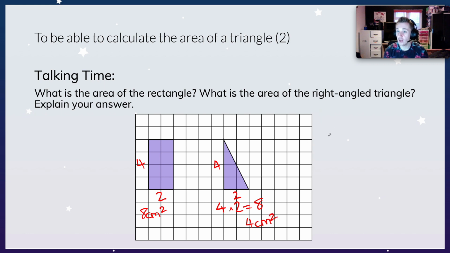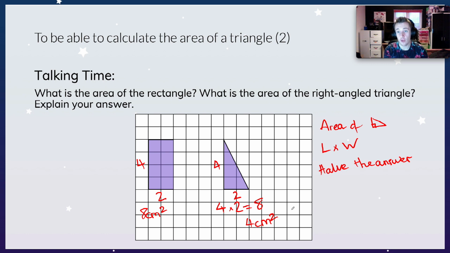So, to find the area of a right angle triangle, we do length times width, and then we halve the answer. If you wanted to, you could halve the sides first and then times it together.